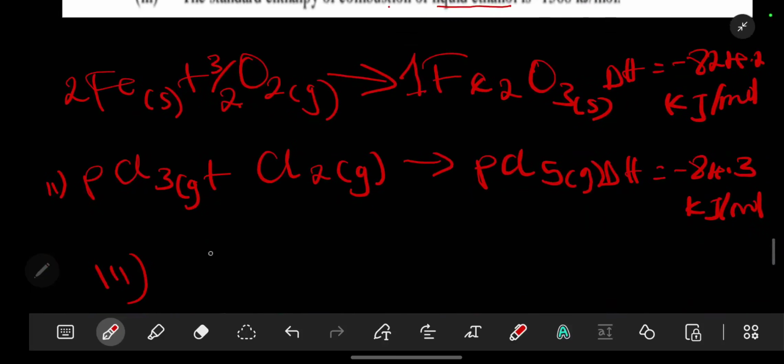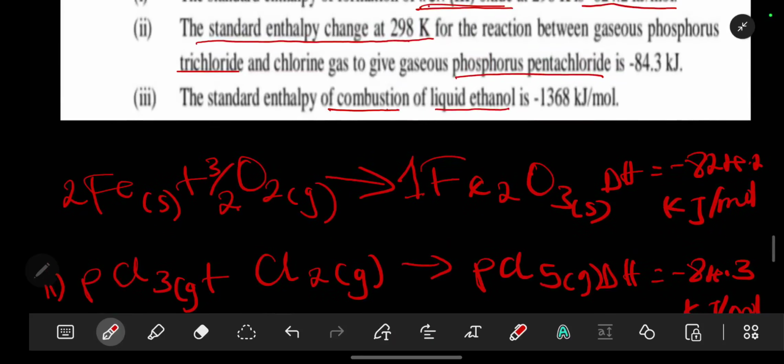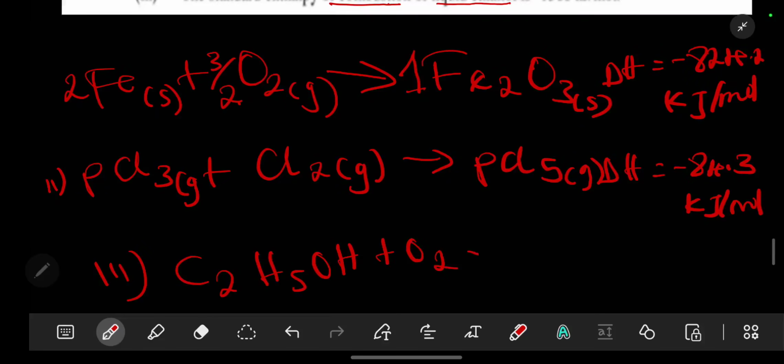So liquid ethanol has the chemical formula C2H5OH. Combustion means it's burnt in oxygen, so we have plus O2 to give us the 2 products of burning alcohols, which are CO2 plus H2O. So this is what we have.